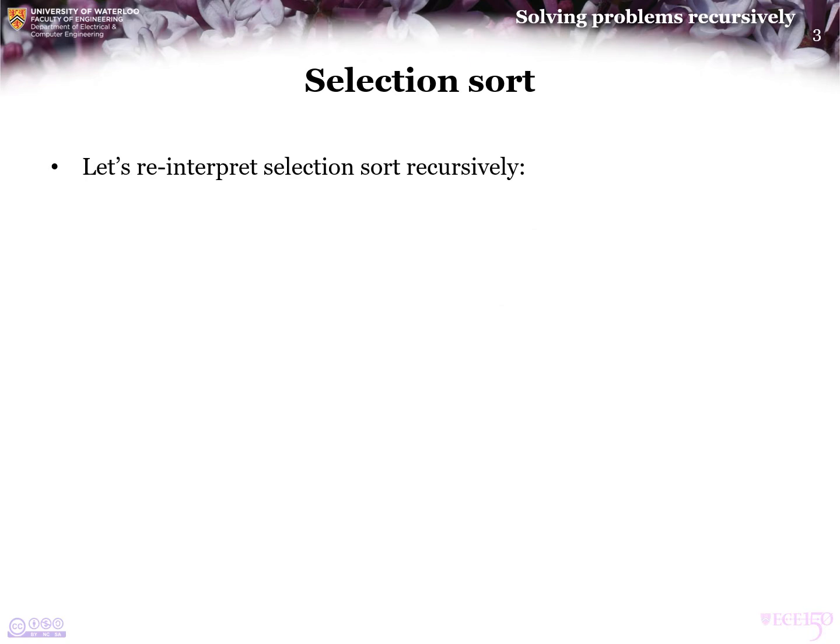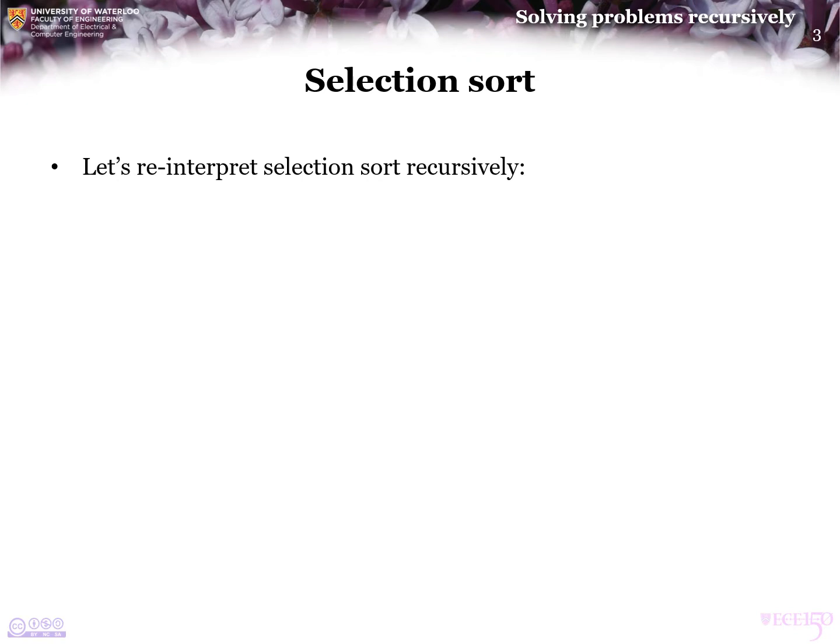Now, as our first example, let's reinterpret selection sort recursively. You will recall that selection sort, given an array of capacity n, we found the largest entry in the first n entries and swapped it with the nth entry. We then found the largest entry in the first n-1 entries and swapped that second largest entry with the n-1st entry.